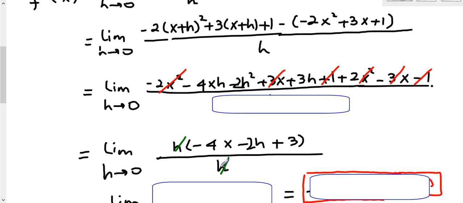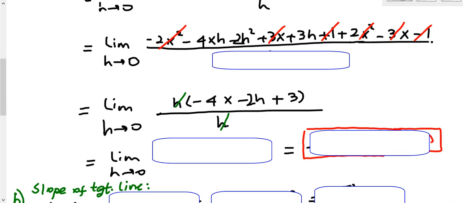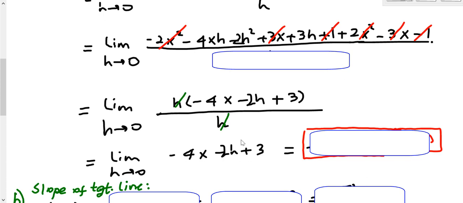And at this point, take a limit as h goes to 0. So that means basically at this point, you can substitute 0 for h, and that will leave us with negative 4x plus 3. So remember, this is your derivative f prime of x, and this is the slope of the tangent line, or the instantaneous rate of change at any given point x.